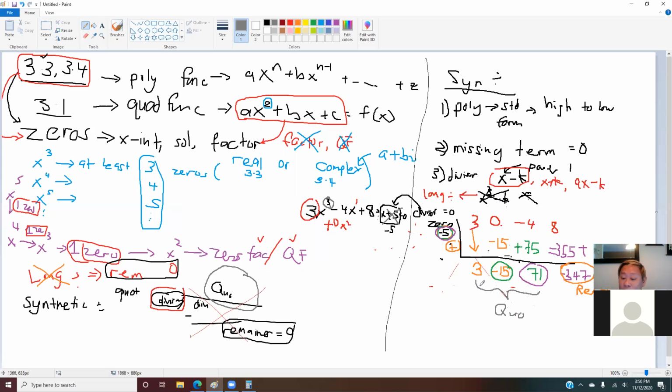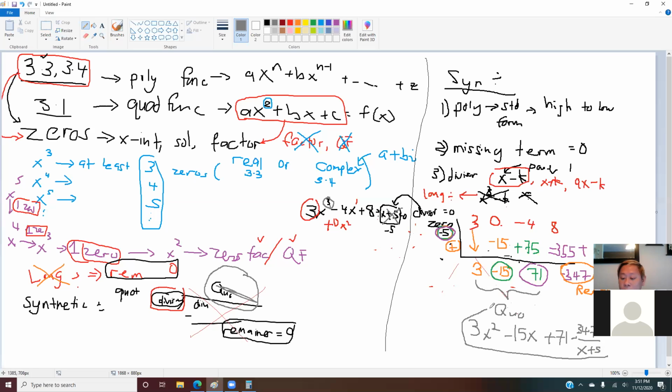So this 3 will become x squared. The negative 15 will become x, and then plus 71. This is your quotient, which is supposed to be written down here. And then your remainder is minus 347, over the one that we divided by, x plus 5.